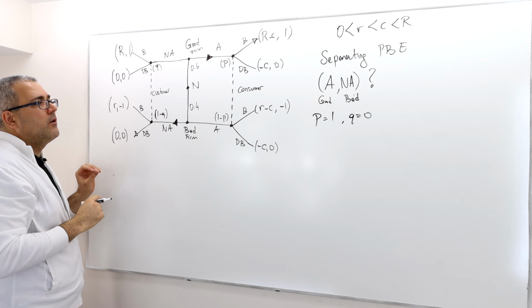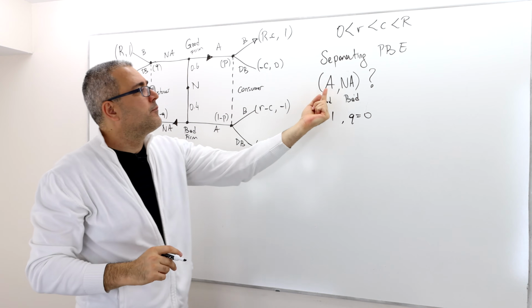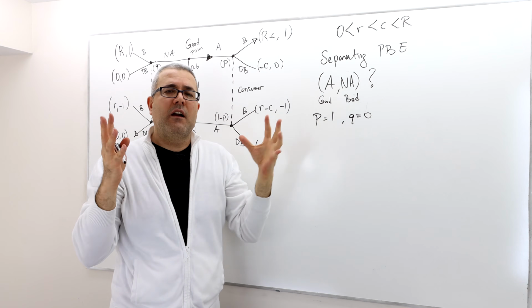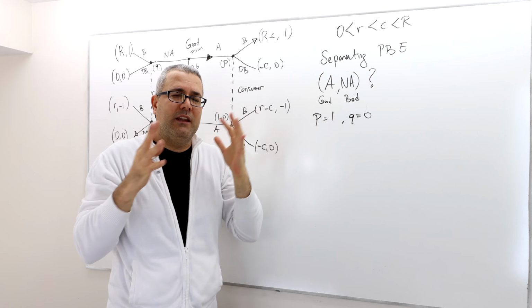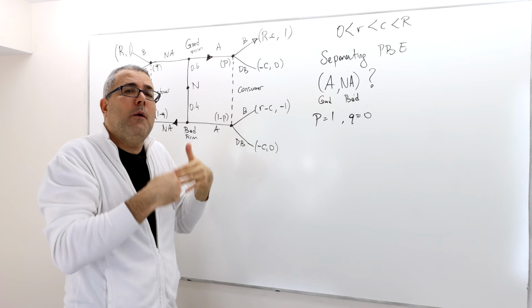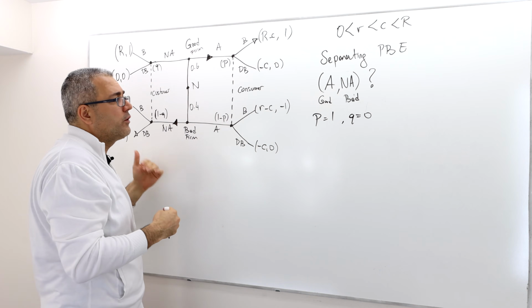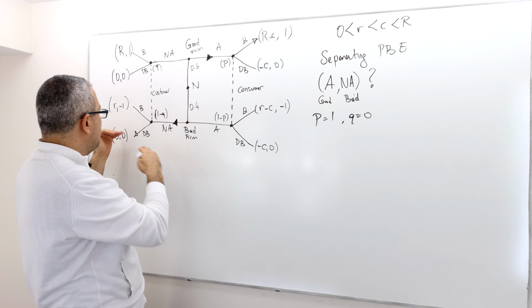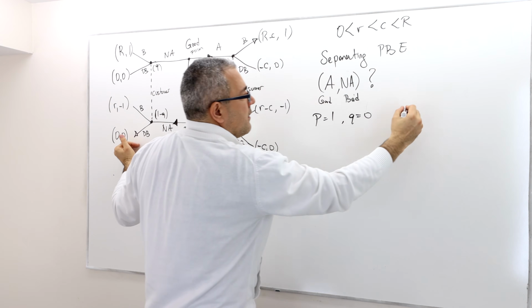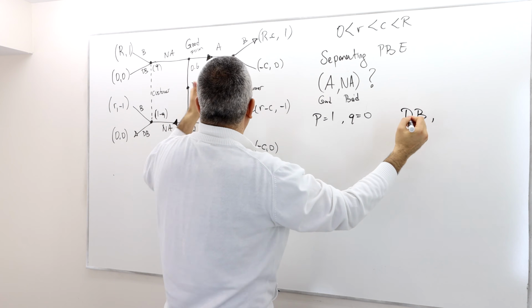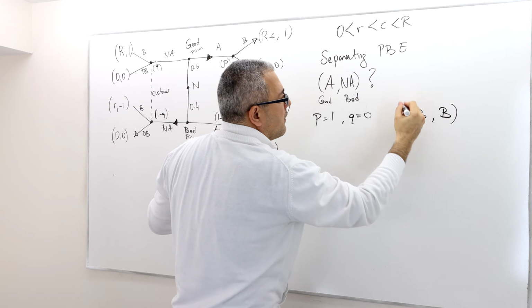So given that A and NA are the strategies of the good and the bad firm, the optimal best response for the consumer is to not buy here and then buy here. All right.